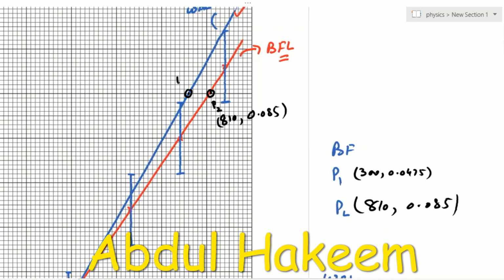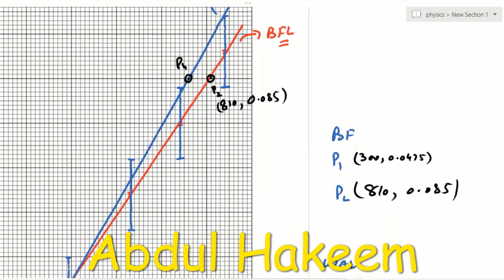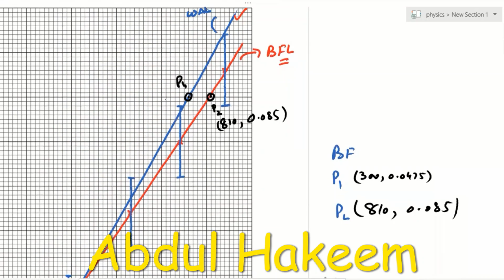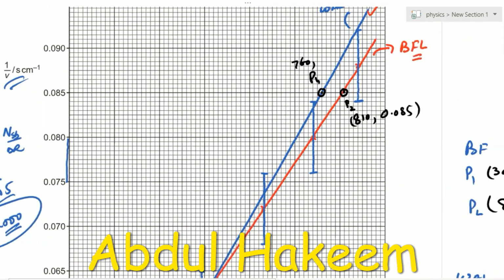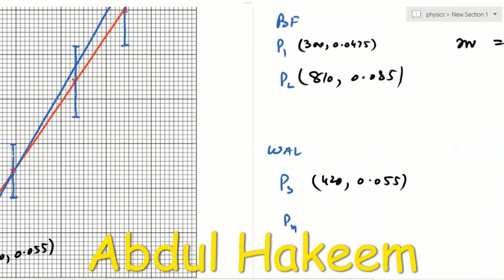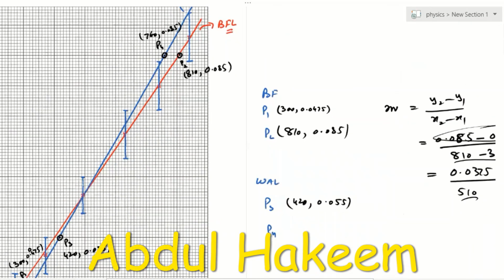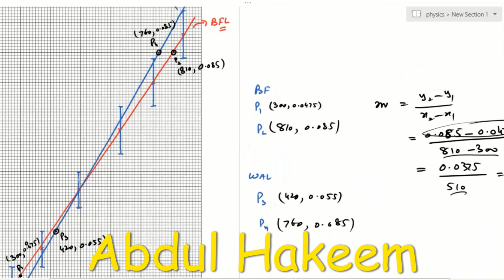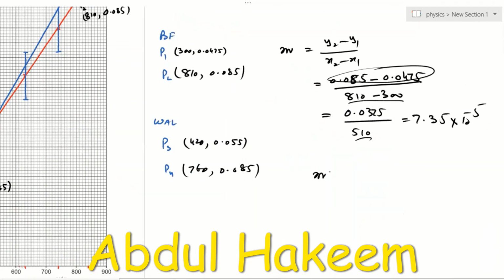This one is P4 and its coordinates. This is 700, 10, 20, 30, 40, 50, and 60. So 760. And at the y-axis, 0.085. This is P4. So 760 and 0.085.